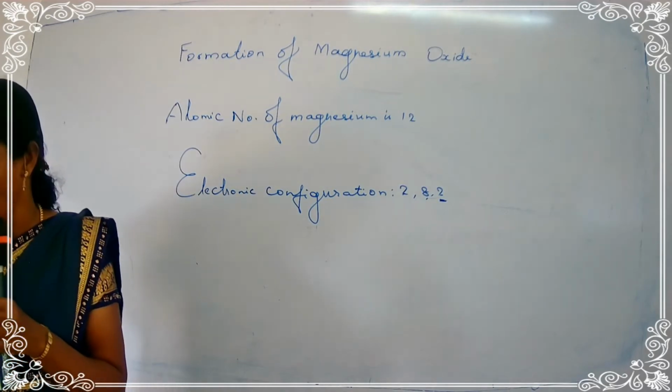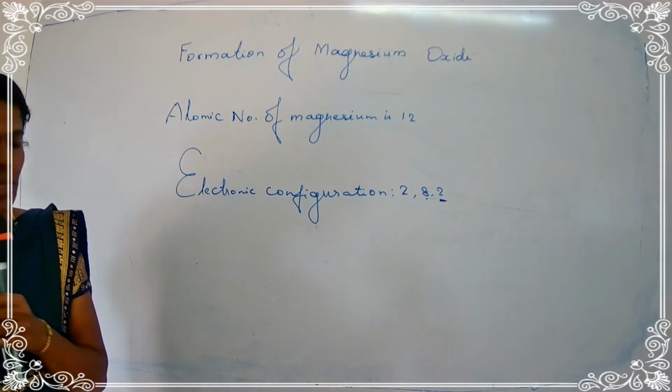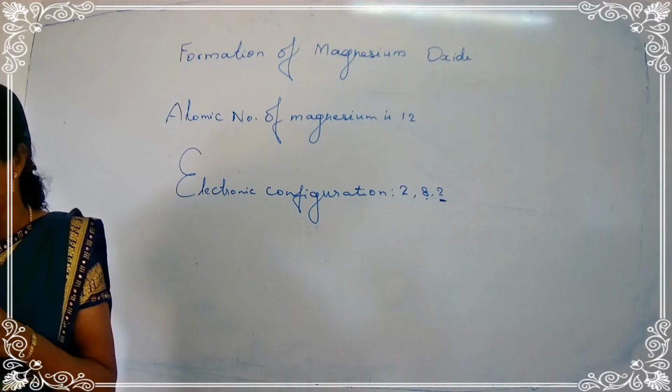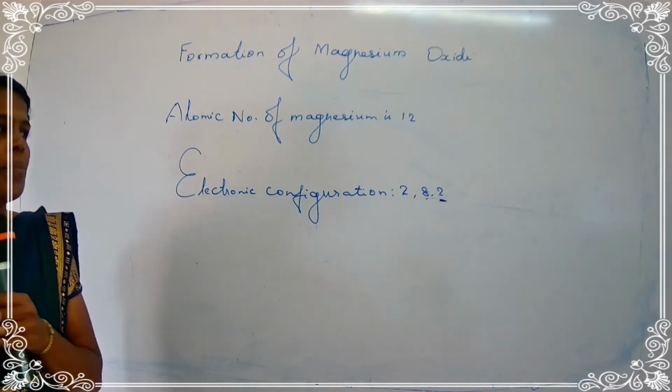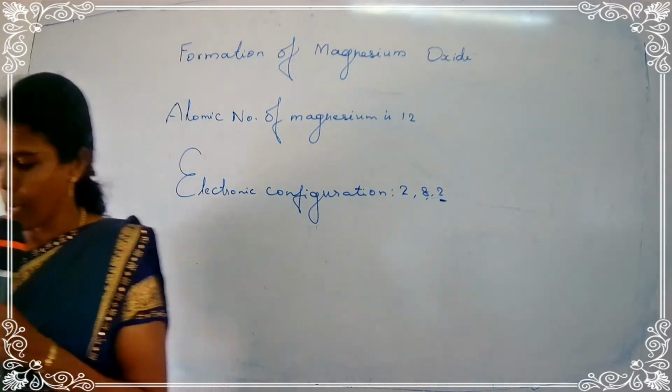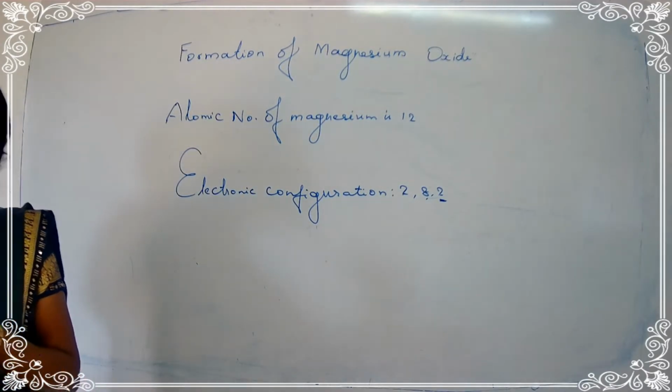So when these 2 electrons are donated, that means it donates its 2 valence electrons, it becomes stable and the octet state occurs.